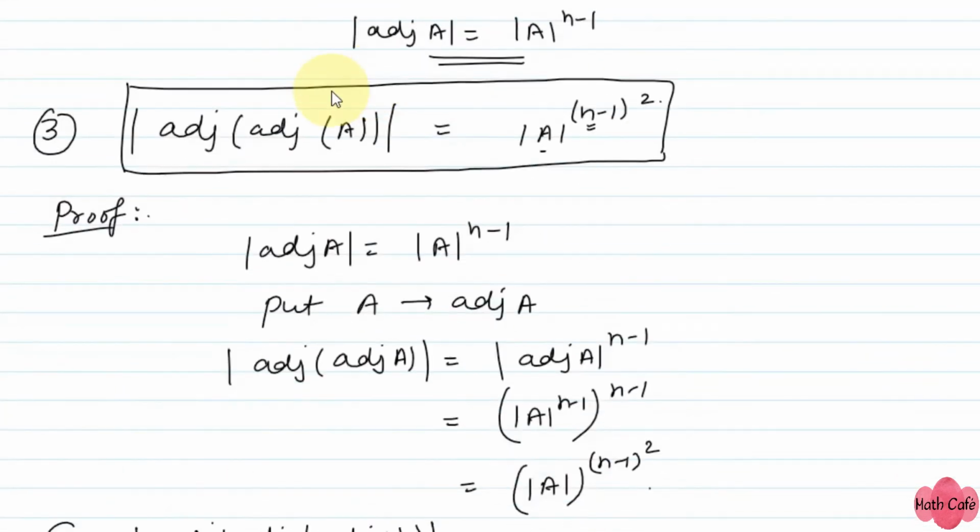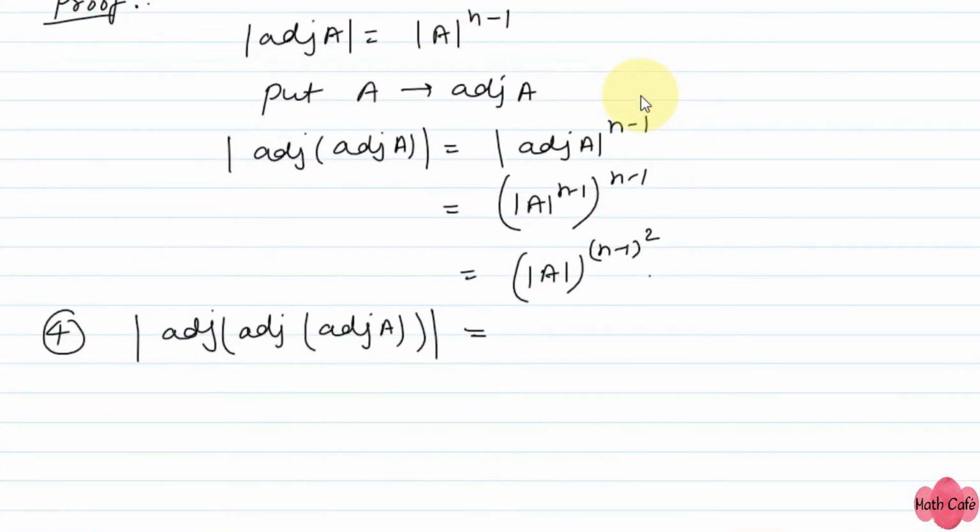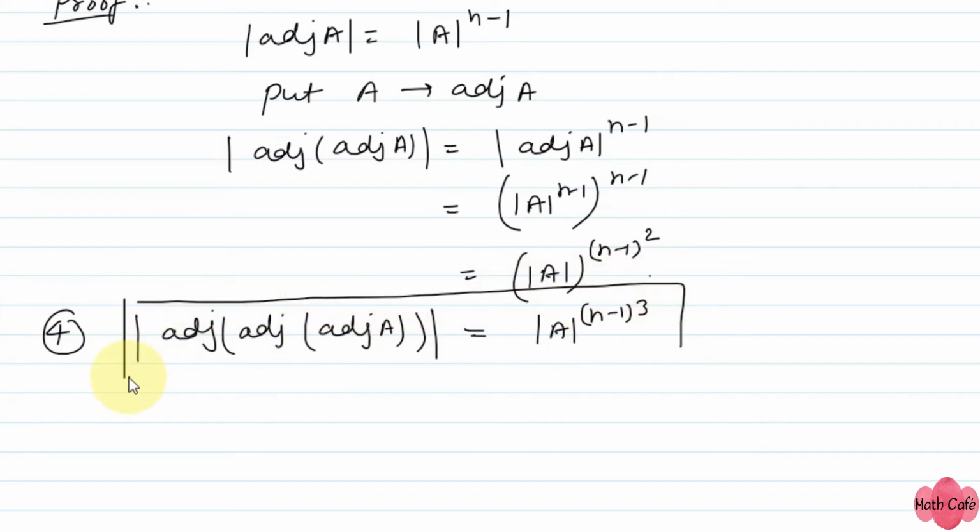Alright, if there are two adjoints under the determinant, the final value will be determinant of A power n minus 1 square. If there are three adjoints, then the final value will be determinant of A power n minus 1 whole cube. Just like that, if there are four adjoints, then the final value will be determinant of A power n minus 1 whole power 4. Hope you understand this.